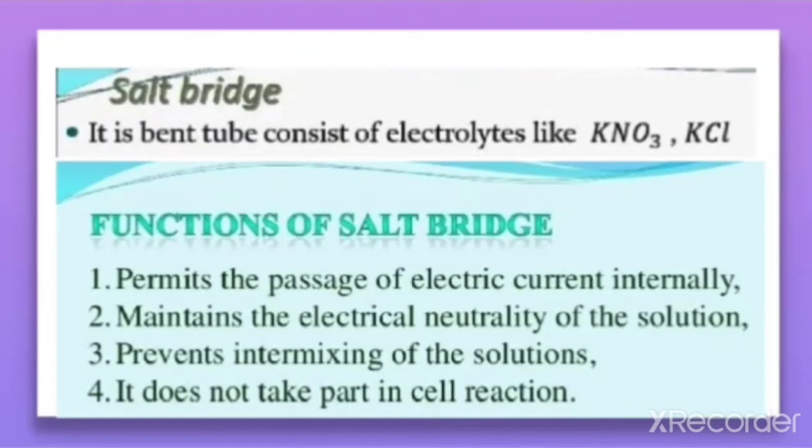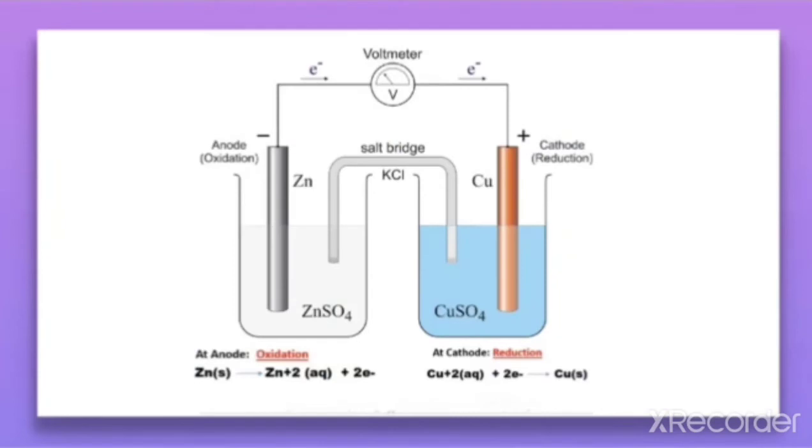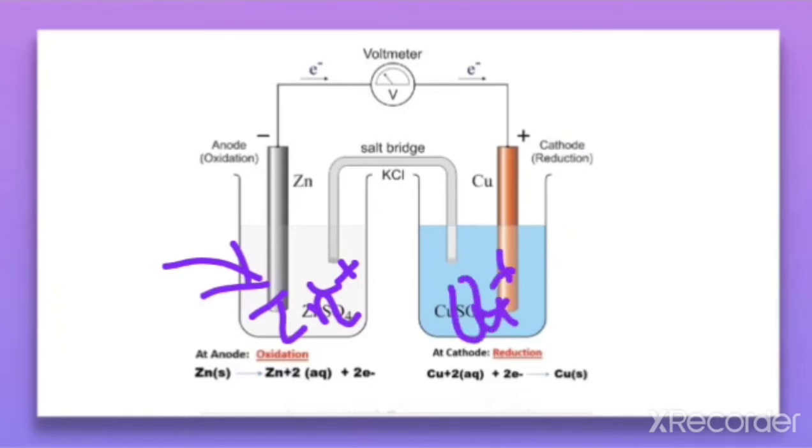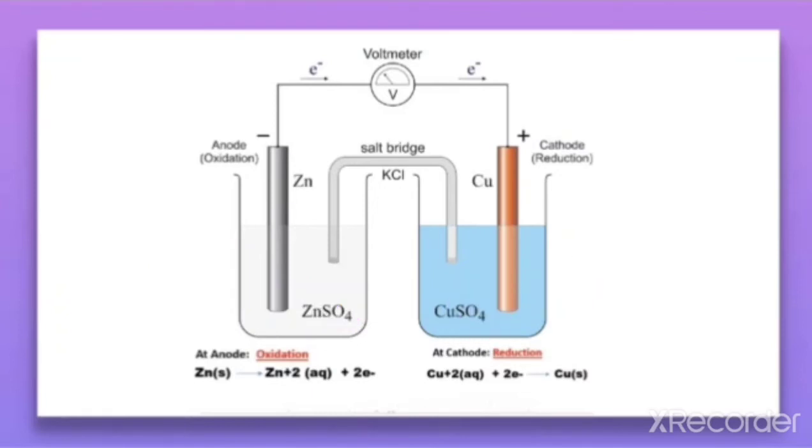So first of all let us discuss its function. When the process continues, the concentration of zinc ion increases in the electrolytic solution in the anode region, and the concentration of copper ion decreases.